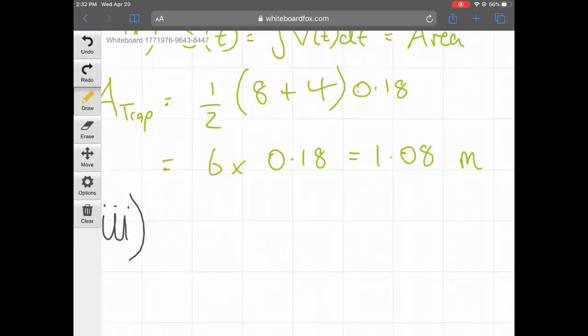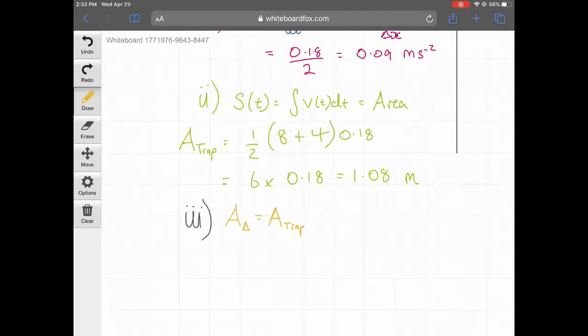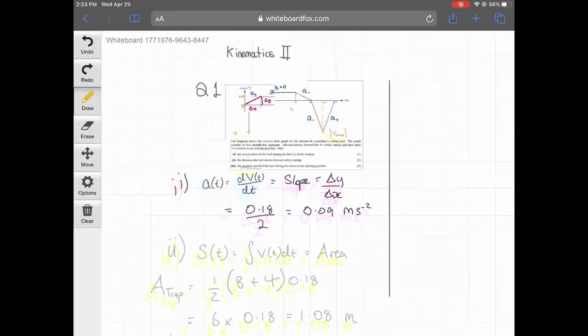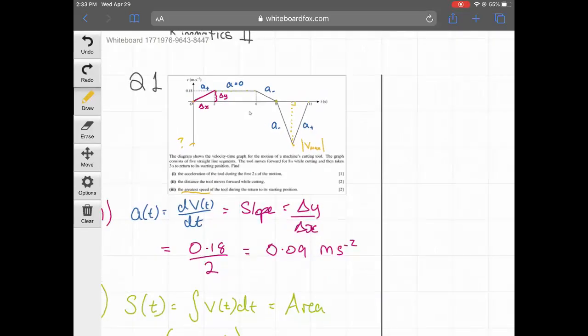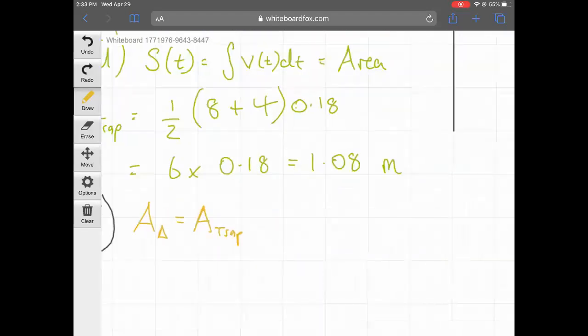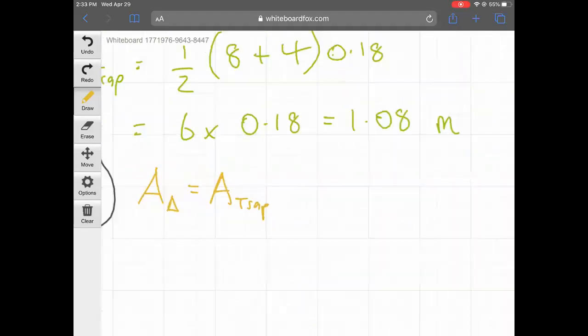So the area of the triangle is equal to the area of the trapezium. Again, that just comes from understanding what velocity time graphs are and what they actually say, and not confusing velocity time graphs with displacement time graphs or acceleration time graphs. So that means that the area of the triangle is 1.08 meters.